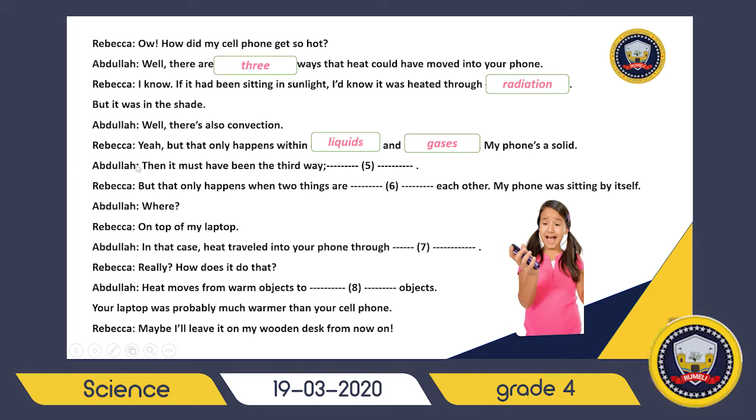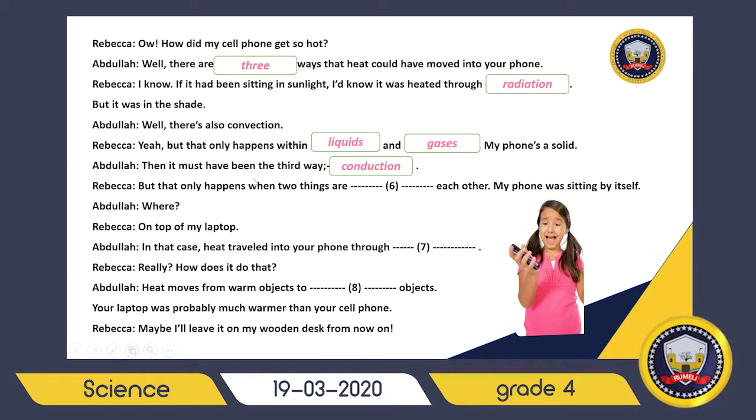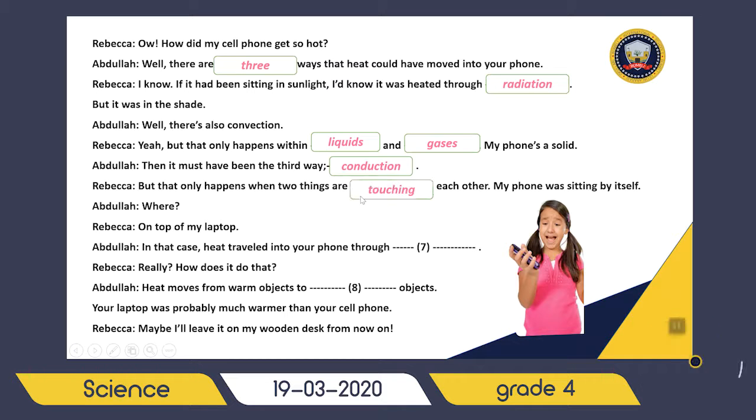Okay, Abdullah said, "Then it must have been the third way." So the third way is, if it is not radiation or convection, it should be conduction. Rebecca said, "But that only happens when 2 things are touching each other.